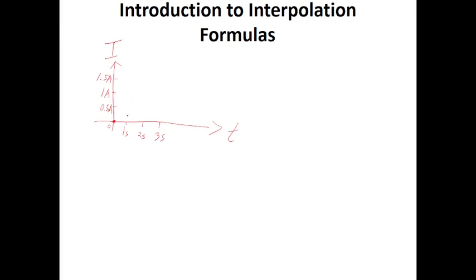For example, at time 1 second, this is the corresponding current. Now, at time 1 second, 0.5 ampere. So let's say you did an experiment, and at time 1 second, it is 0.5 ampere. At time 2 seconds, the current becomes 1.25 ampere, for example.